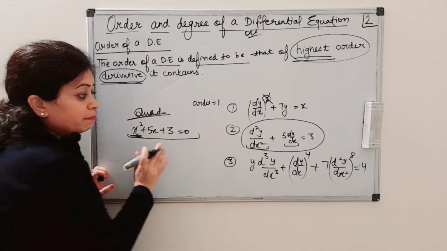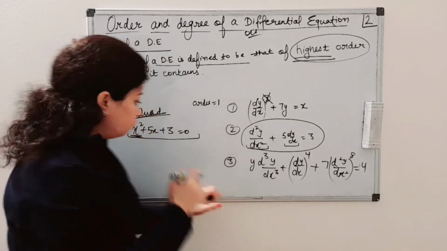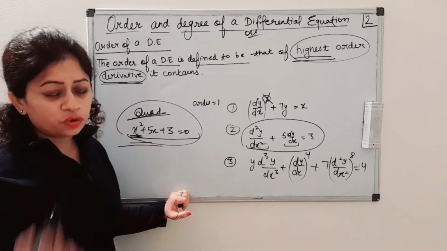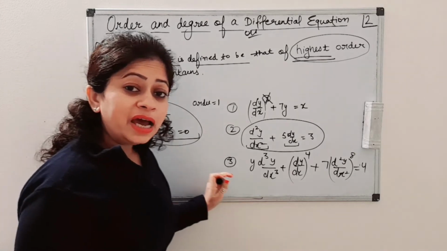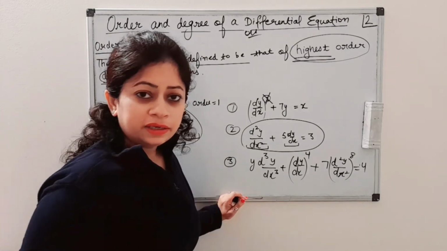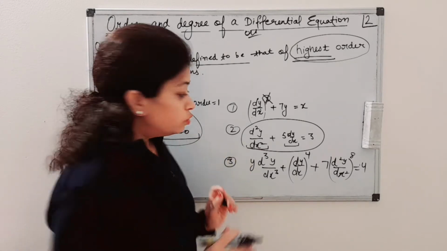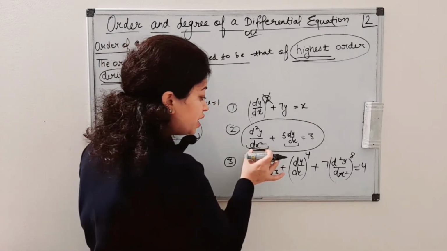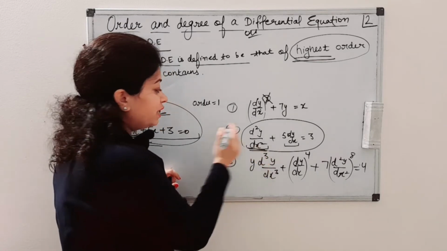But in differential equations we have two things, order and degree. So don't confuse order with degree. If we have order, then we need to see the highest order derivative, which is 2.